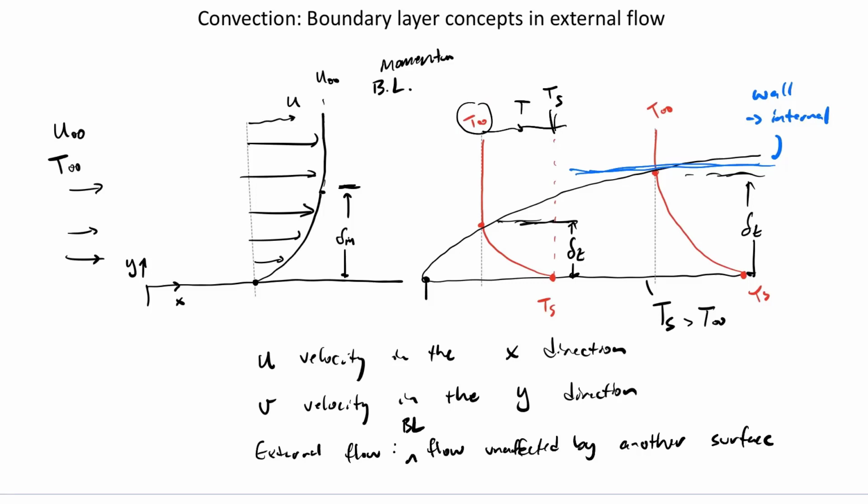So it's just saying it's starting off at T_S near the wall, and then as you get away from the wall, you go down to T infinity, and you continue indefinitely at T infinity. It's not like the temperature is going up. It's just that the plot looks like this.